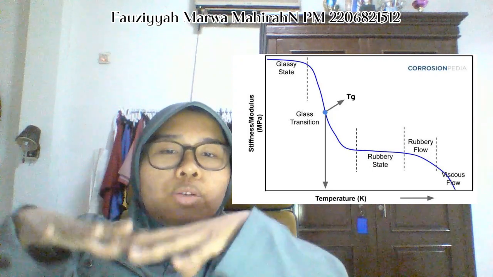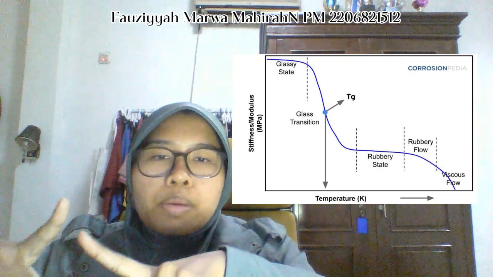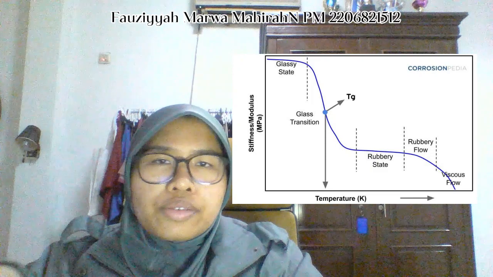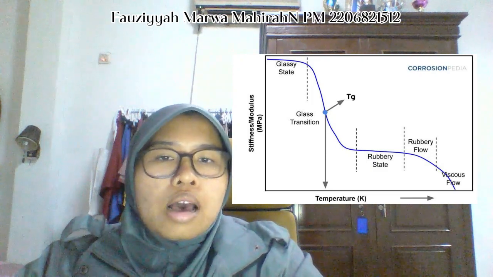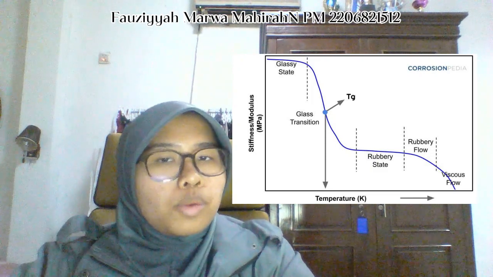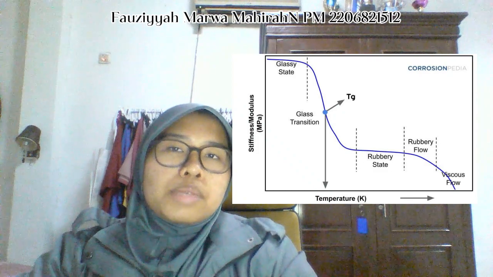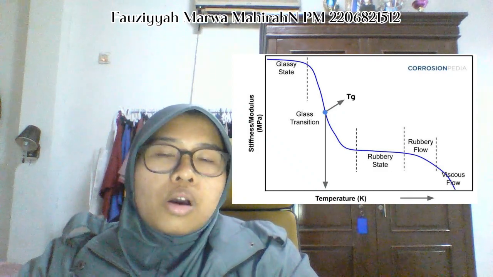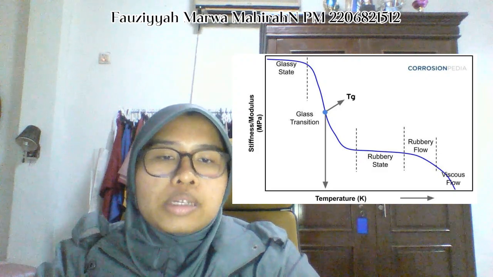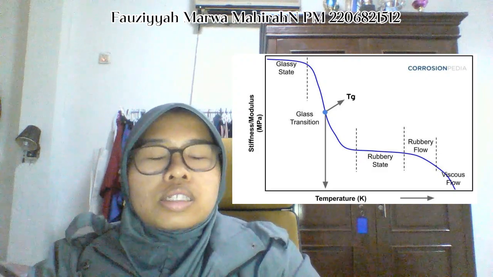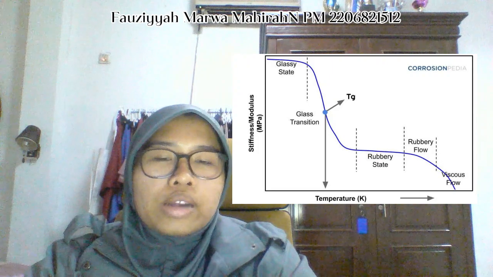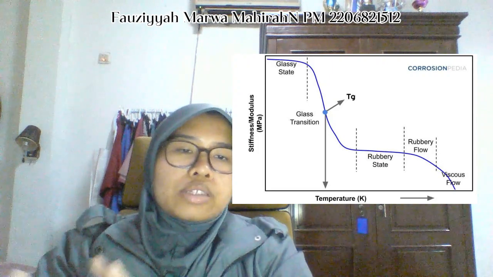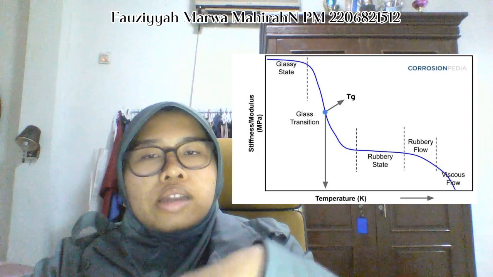Below Tg, the polymer is in a glassy state, with very high stiffness and brittleness but very low molecular mobility. Above Tg, the polymer becomes extremely flexible with increased molecular mobility and a decrease in stiffness. Tg is very vital because you can use it as a reference point to understand polymer behavior in some applications.